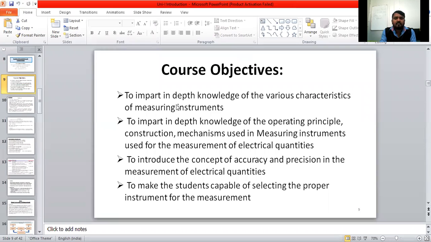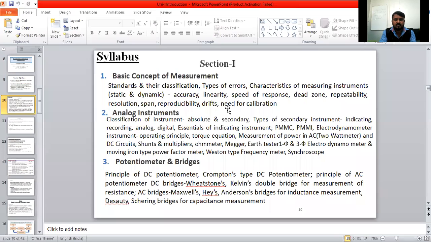Based on these four objectives, we have designed a syllabus of 6 units. That syllabus we are going to discuss now: the syllabus of electrical measurement and instrumentation.